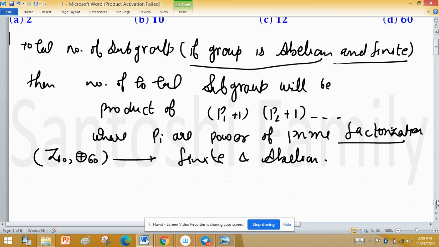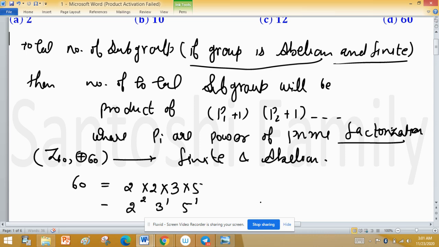So first, the prime factorization of 60 is 2 into 2, 3 into 5. 2 2 is 4, 4 3 is 12, and 12 5 is 60. You can write 2 raised to the power 2, 3 raised to the power 1, and 5 raised to the power 1.